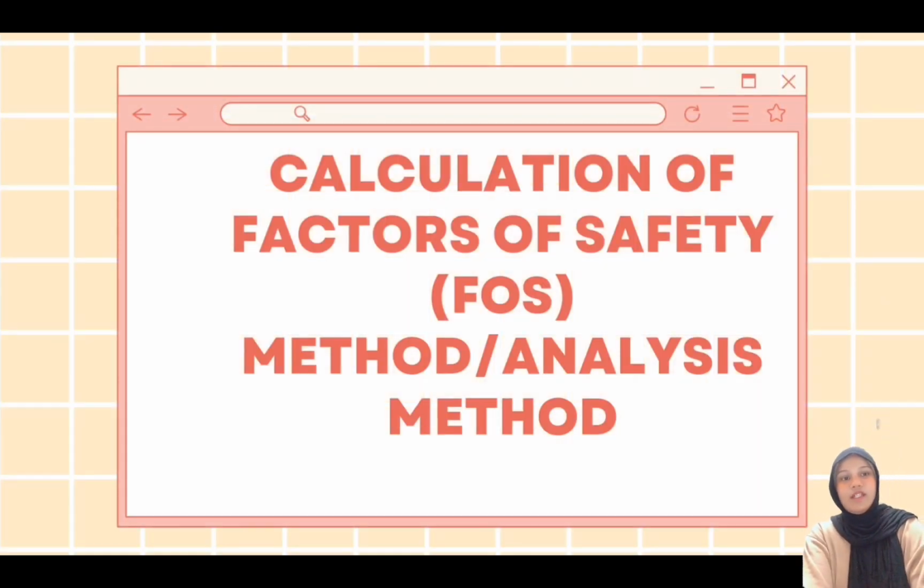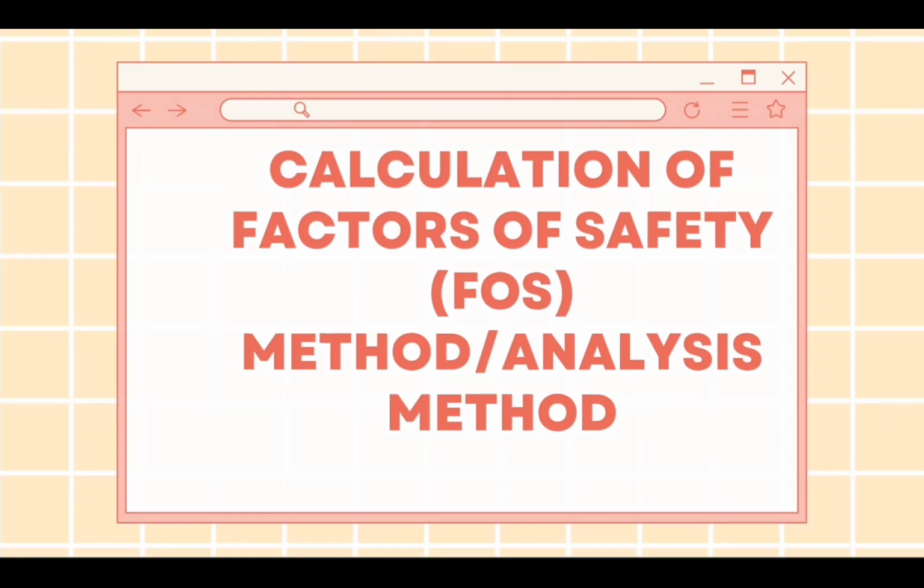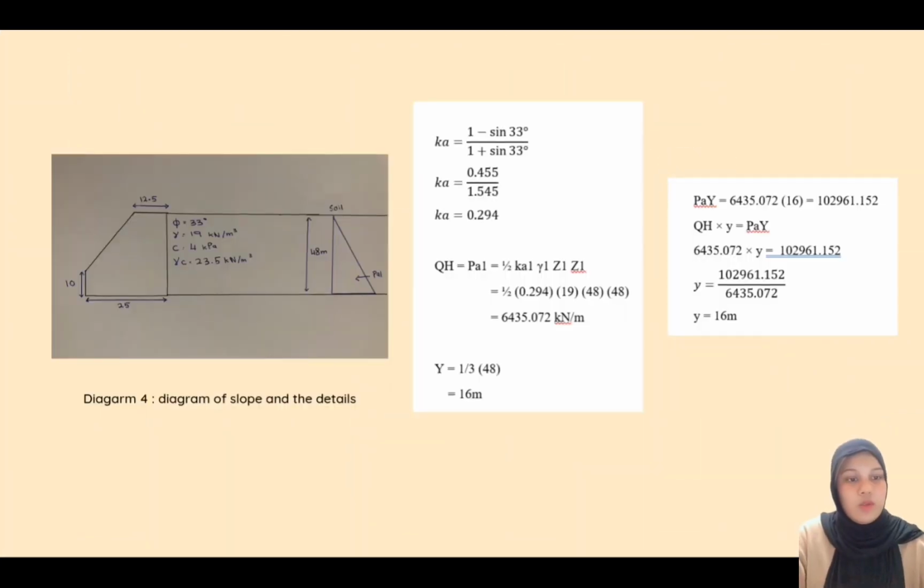Calculation of factor of safety, FOS method or analysis method. So based on diagram 4, we have a diagram of the slope and the details, which is we got gamma 19, C 4, gamma C 23.5, and then we have the length of the slope.